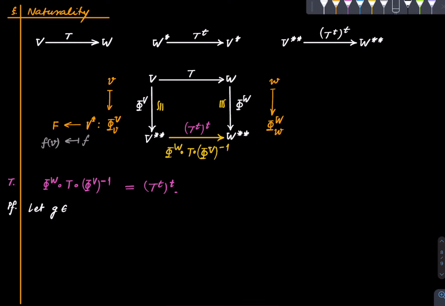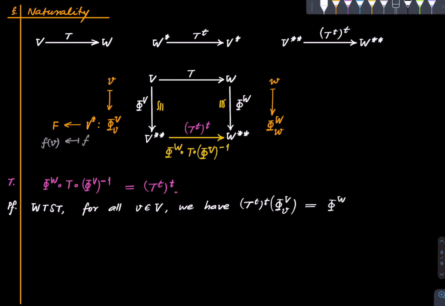What we want to show is that for all v in the space capital V, we have T transpose of this is equal to that. So this is what we want to do.